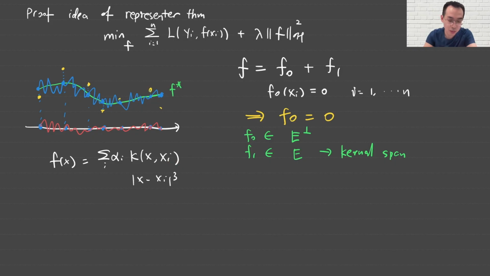We don't care what's in between them, so we don't need another kernel function somewhere in between. That adds no value to this optimization. We only care about what's going on at the data points. The kernel function acts like a basis function for our final fitted function f of x. That is a key intuition for the representer theorem.